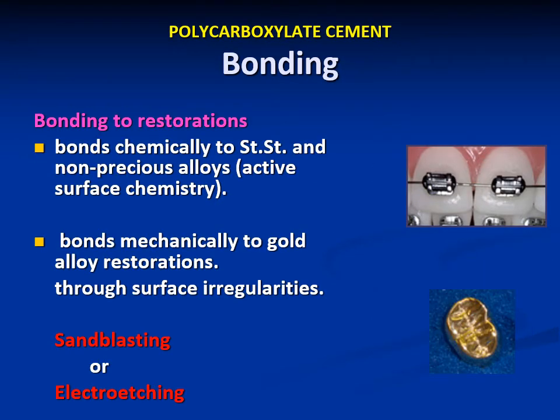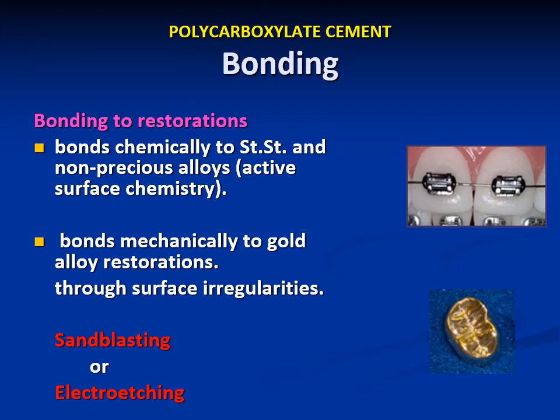What about bonding of polycarboxylate cement to the restoration? First of all, polycarboxylate cements bond chemically to the non-precious or base metal alloys like stainless steel and nickel chrome or cobalt chromium and so on.